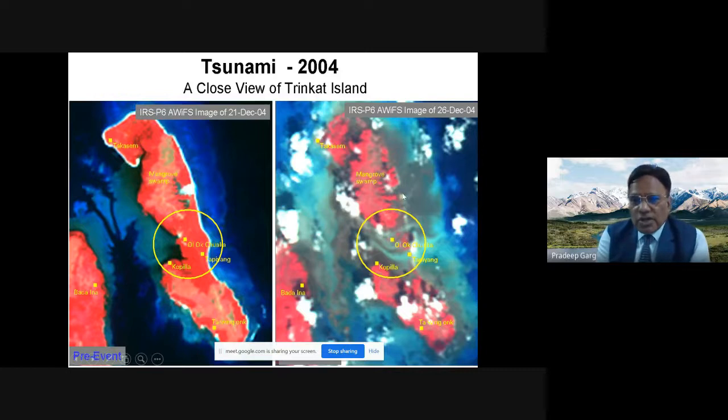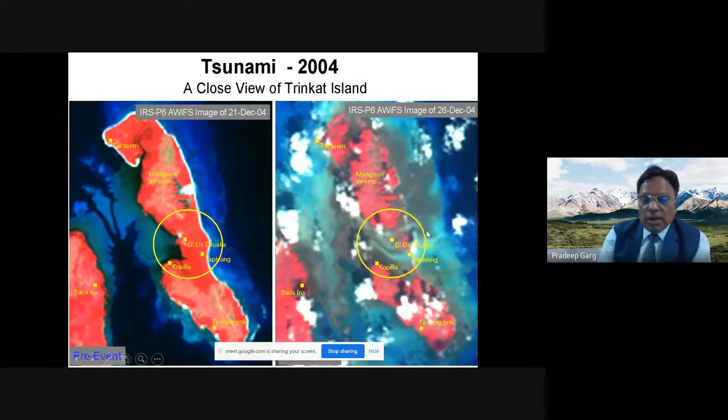And once the tsunami took place, this is 26th of December 2004, one can see that a lot of water has entered into the land area, into the island area, and a lot of muddy water is there. The water which was so clear and giving us the dark blue color, now it has become all muddy water.